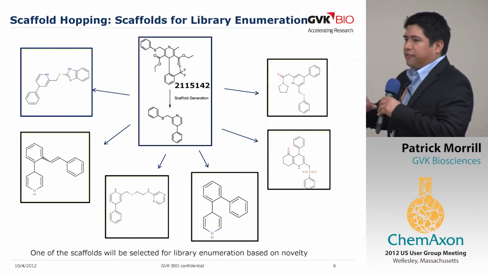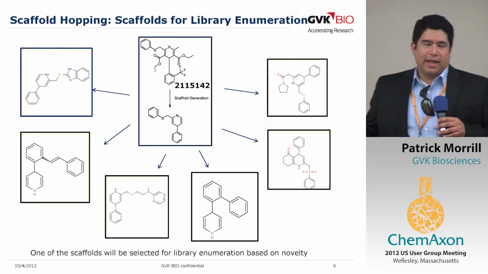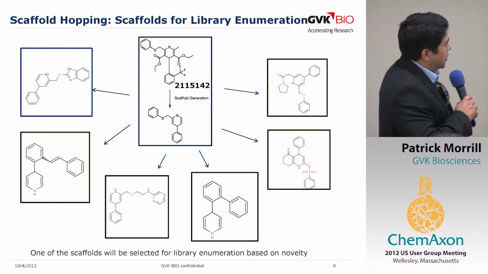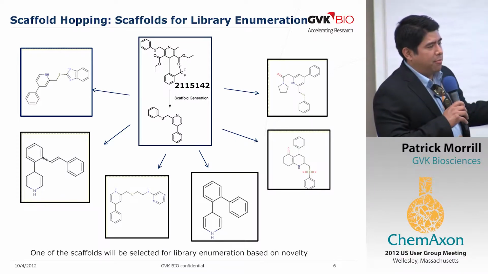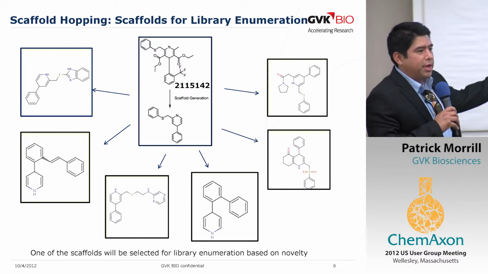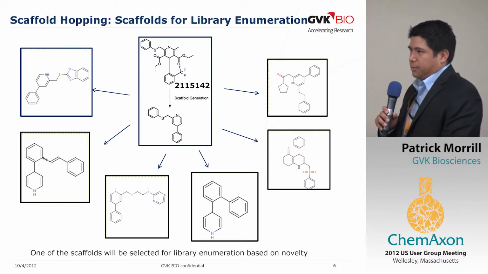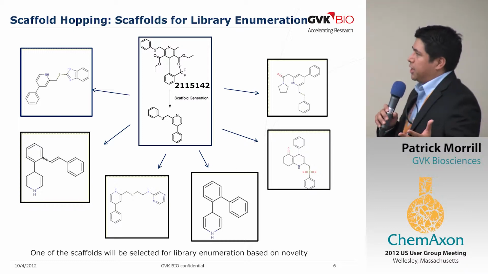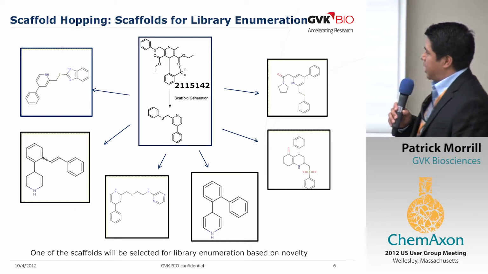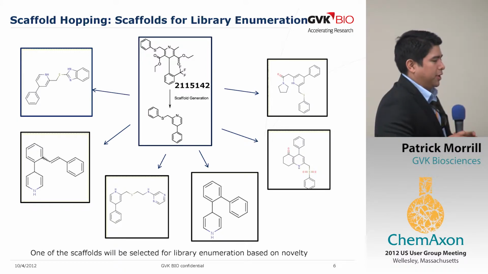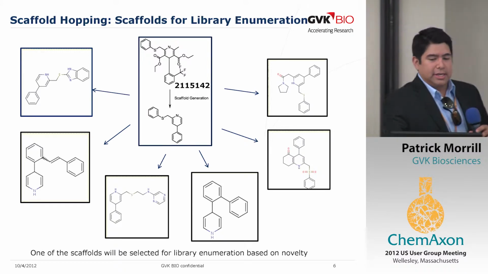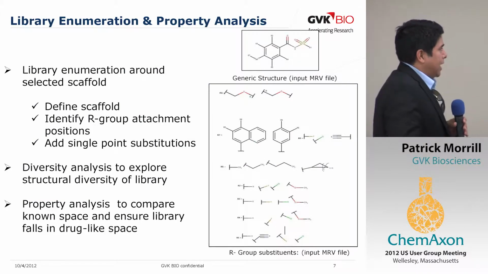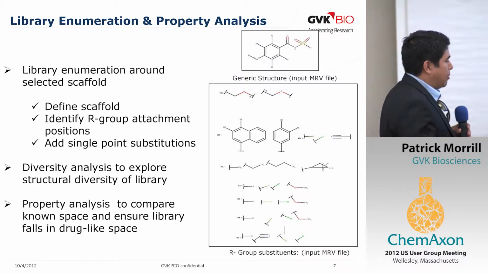After using the built-in activity analyzers, I'm able to isolate a scaffold of interest. Then, utilizing tools built into the GVK Bio database, I can do a molecular pair query and find items with similar activity and similar chemical space, which gives me a unique target to begin to look at inside the database. I then pull that data out of the database and populate it into something like a ChemAxon tool, for further library enumeration.